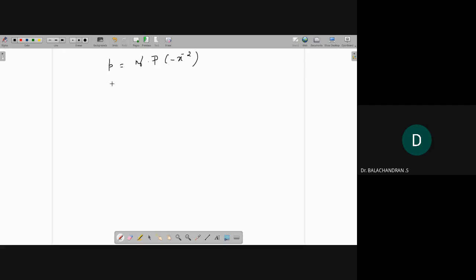Or you can write this as z power minus 1 P x square equal to minus capital P, because here is the minus sign.